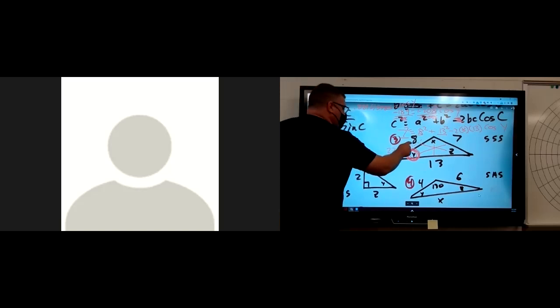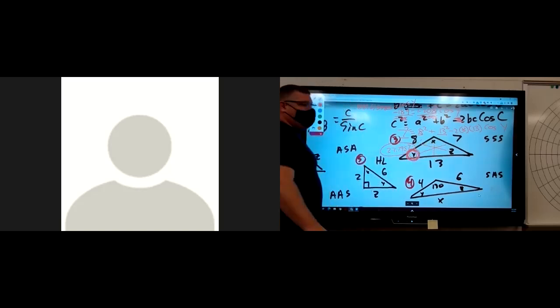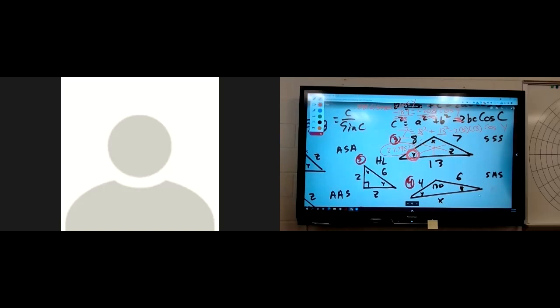Okay, that's one angle. How do you find the other two angles? How do I find the other two angles? Well, I have two ways. You ready? I have two ways. One of them is better than the other one, but not a ton better. What's one way I could solve for x?